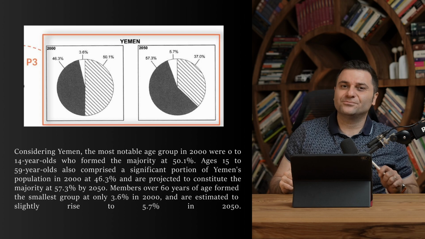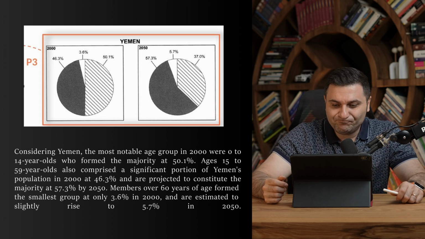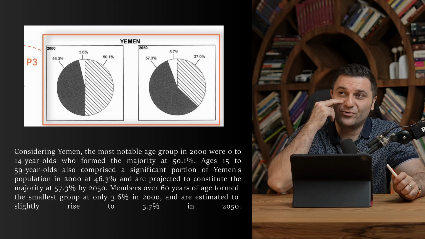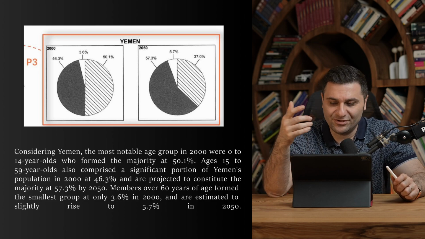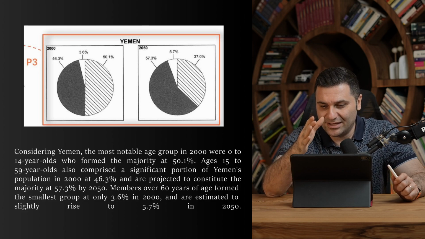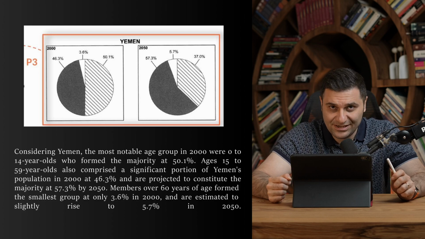Actually, writing about data here in pie chart is pretty easy. In contrast to tables that you are provided with a lot of information here, you only have 3 categories, 3 age groups. And so you can easily talk about or write about details here.